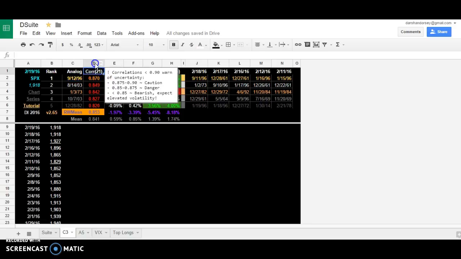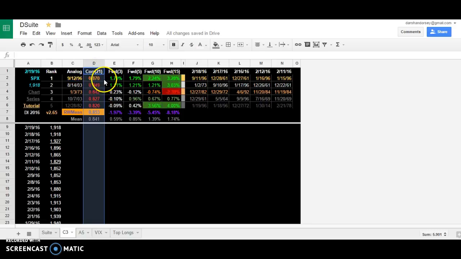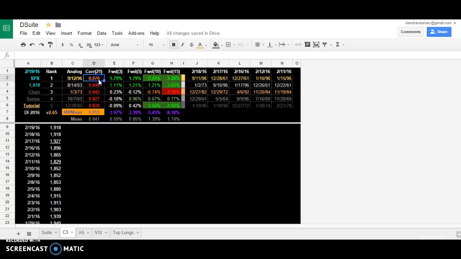In column D, we see what the 21-day correlation is between the most recent price action in the S&P and these different historical analogs, whether it's 96, 2003, or 73. That is how strong the current correlation is right now.